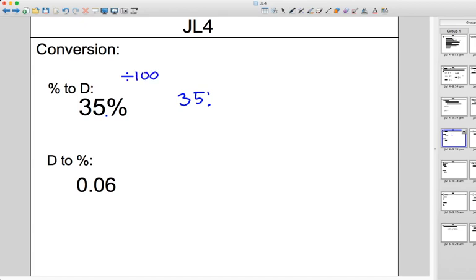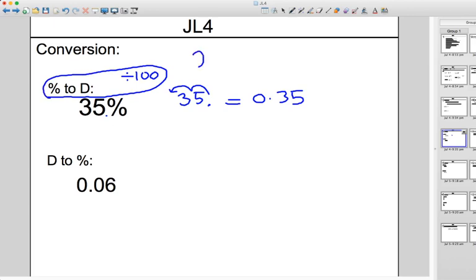So that means moving the decimal point 2 places to the left. It gives me an answer of 0.35. And this will work in all cases. You need to divide by 100, 2 hops left.